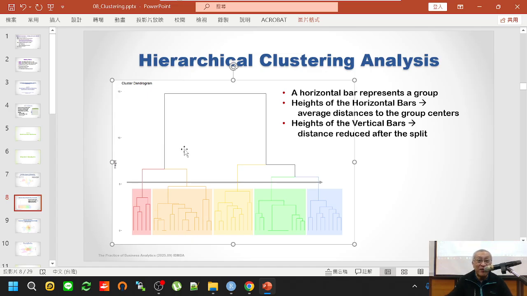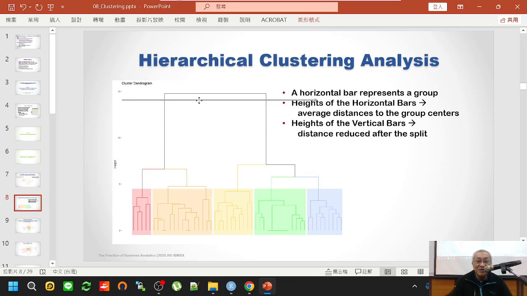But if I divide them into 2 groups, then you can see that in these two groups, their height is much lower than this one group.